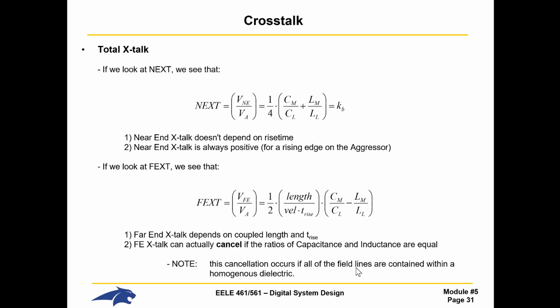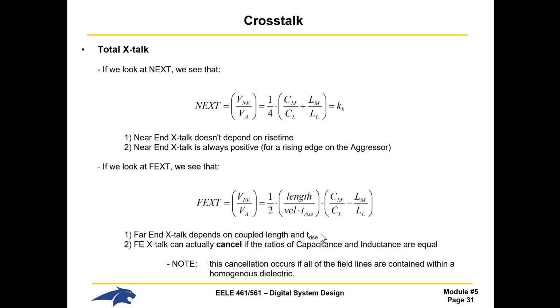What would be an example of that? Well, think about a stripline transmission line on a printed circuit board. You have a line completely surrounded on all sides by FR4, with a ground plane above you and a plane below you. All the field lines are contained. That would actually result in no far end crosstalk.